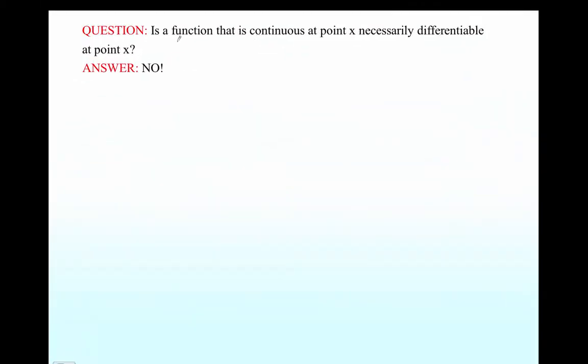Here's a question. Is a function that is continuous at a point x necessarily differentiable over there? In other words, can every function that is continuous be differentiated? The answer is no. Let's see why. Take this example. f of x is equal to magnitude of x at x equal to 0.